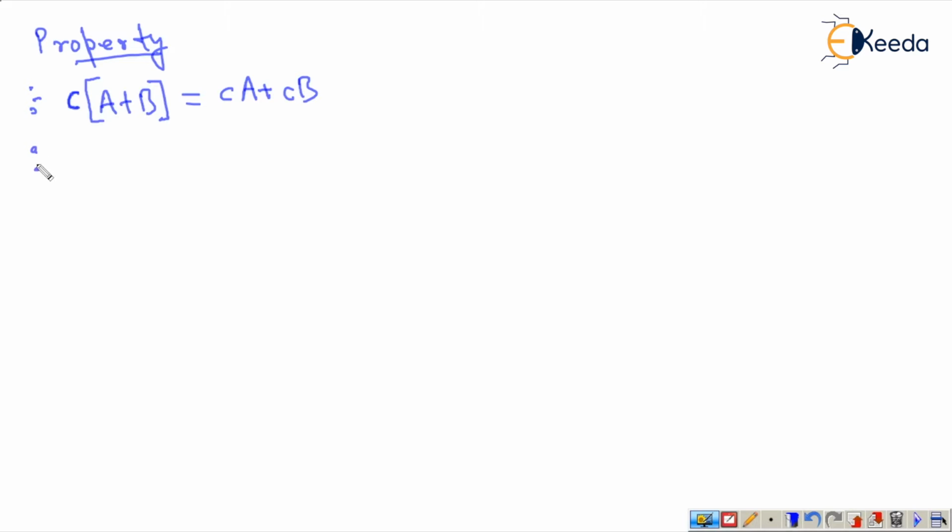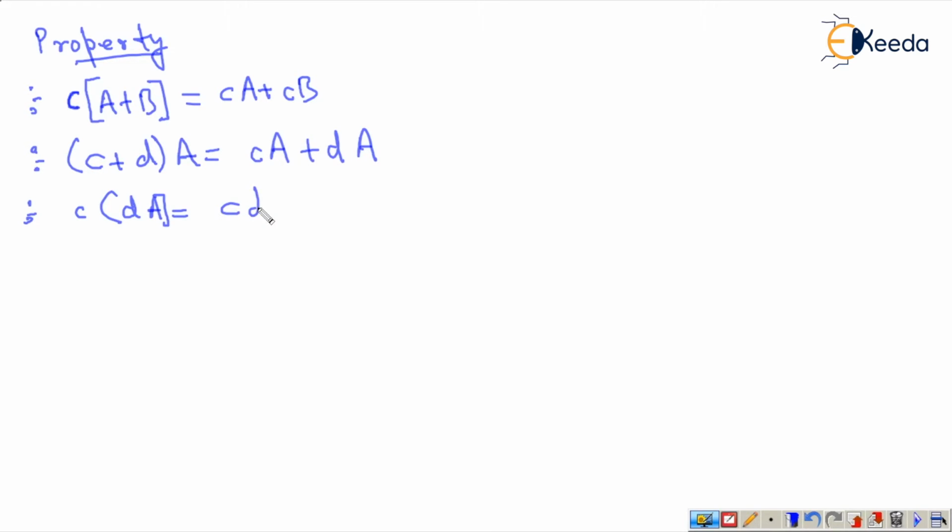Also, c plus d times A is c times A plus d times A. And also c d times A gives cd times A, or c times d times A. Anything is all the same.